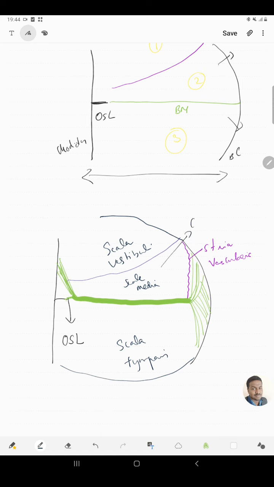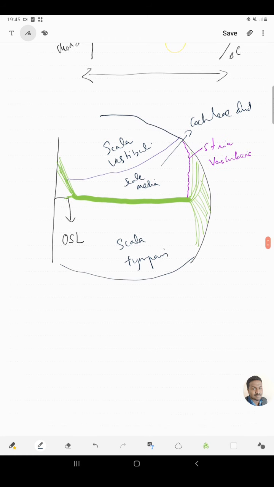It is also called the cochlear duct. Now we have compartmentalized this area, and this scala media is actually the organ of Corti.